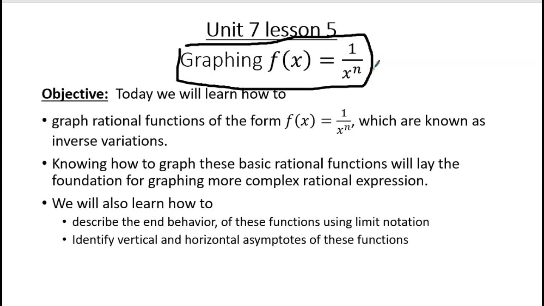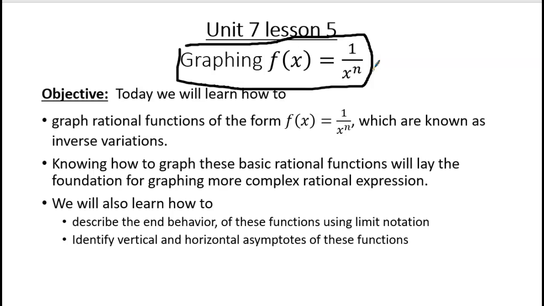And the reason I want to do that is because it's going to lay the groundwork for some concepts that will come in handy when we're talking about graphing more complicated looking types of rational expressions, and it will help us develop some ideas to graph some more complicated ones in future lessons.